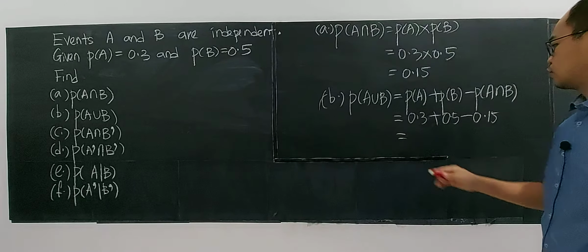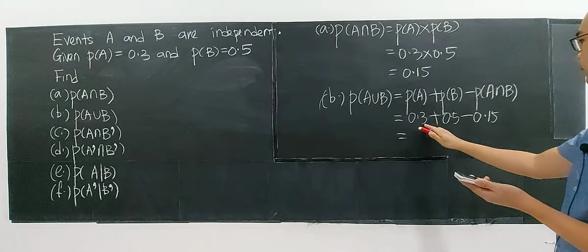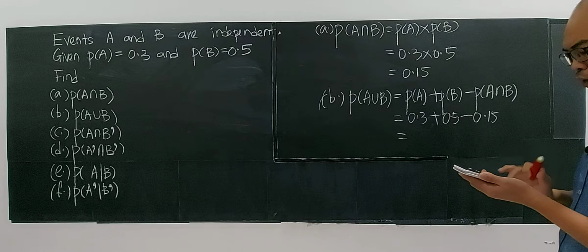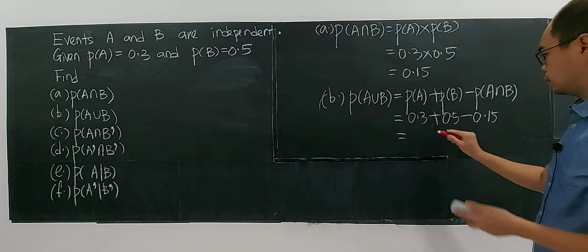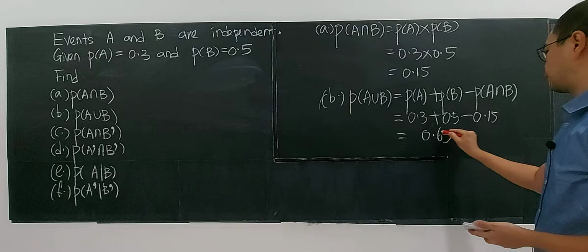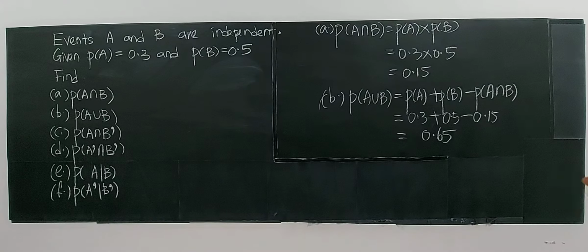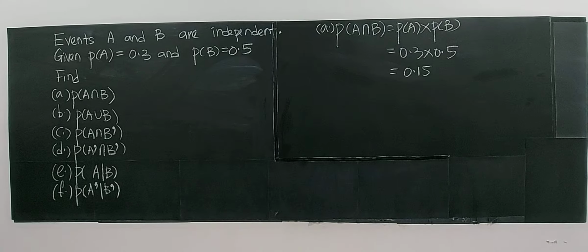So you have 0.8 minus 0.15, which gives you 0.65. This is A union B. Right, let's move on with part C.